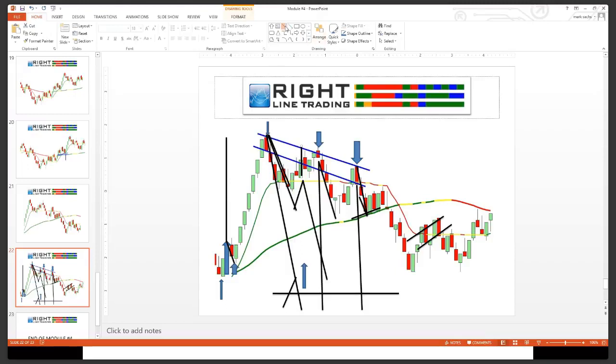Now, that's different from if price is down here, kind of meandering around, and it comes up to resistance. You can also trade those short, but what we've done in assessing that move, it doesn't have the kind of risk that the break and retest and continuation does.